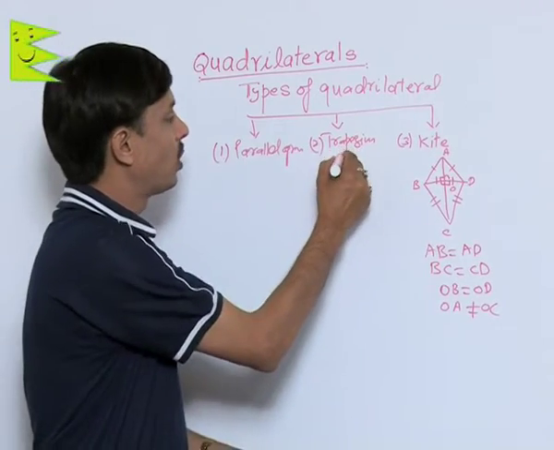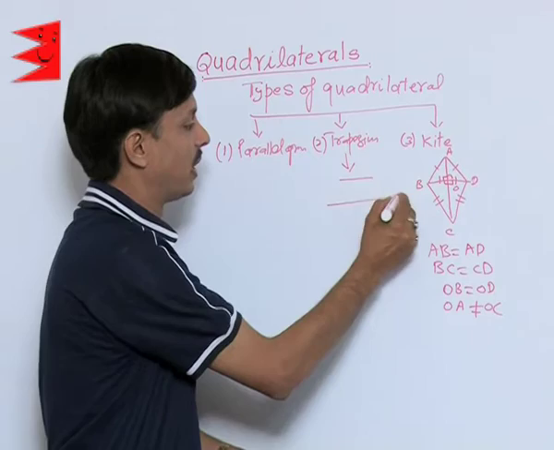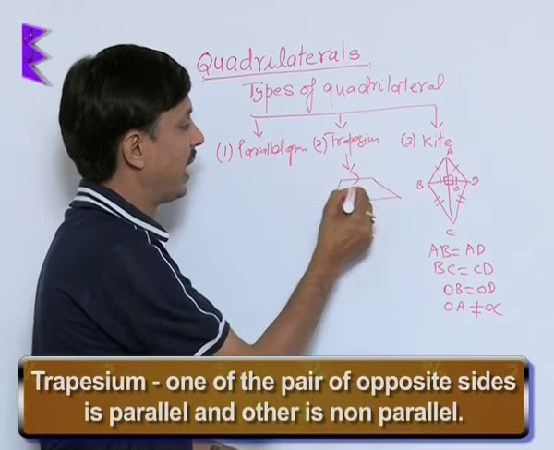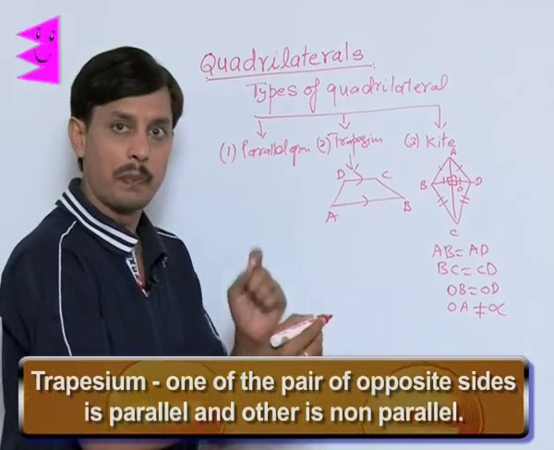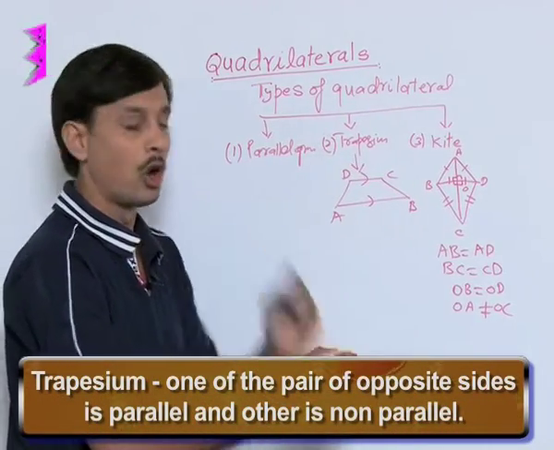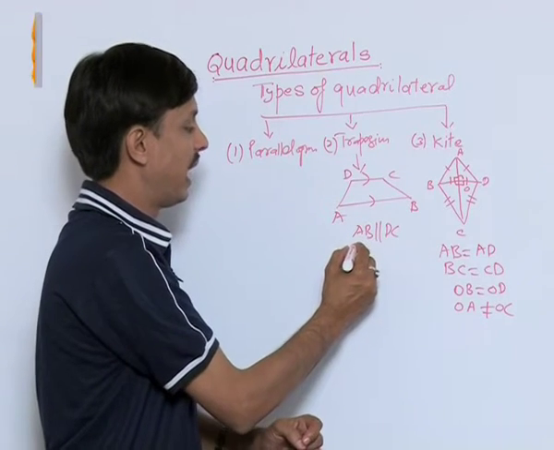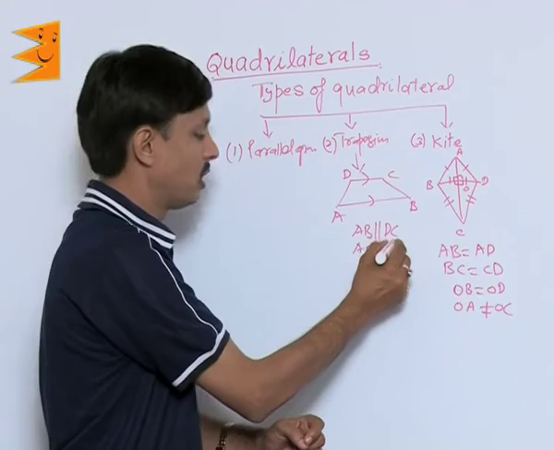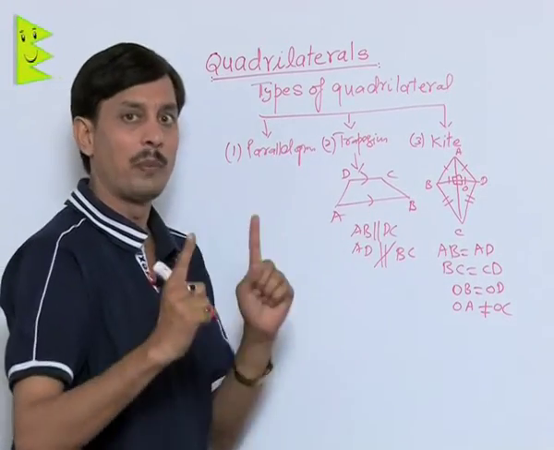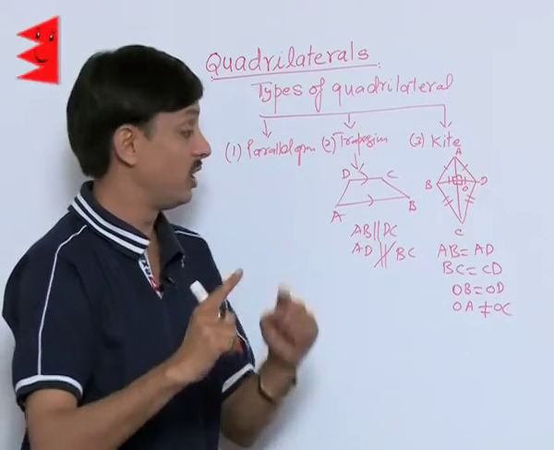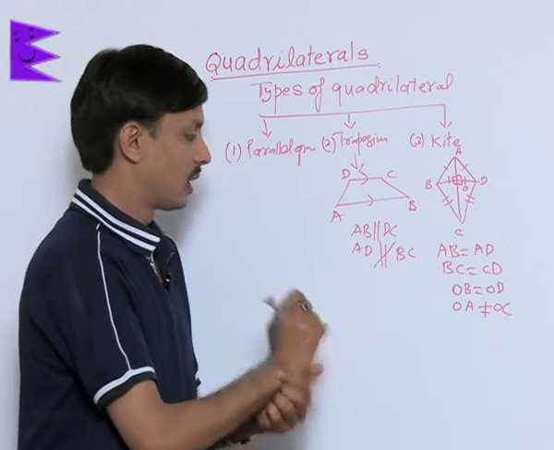If I talk about trapezium, trapezium is that kind of quadrilateral where one of the pair of opposite sides is parallel and the other is non-parallel. That is, AB is parallel to DC, as well as AD is not parallel to BC. If one of the pair of opposite sides is parallel and the other is non-parallel, then we say the quadrilateral is a trapezium.